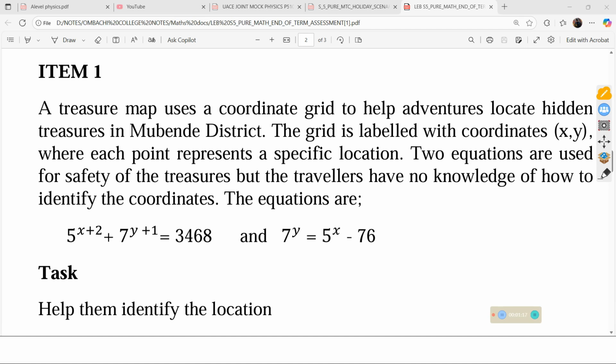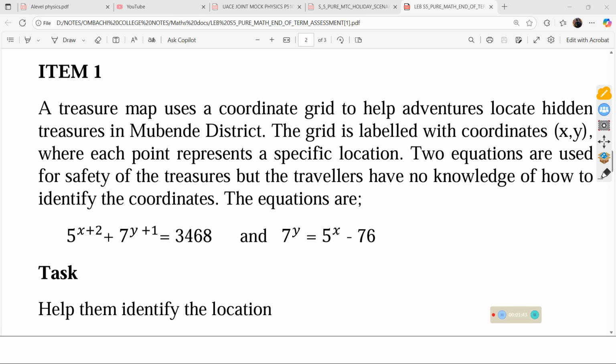It says a treasure map uses a coordinate grid to help adventurers locate hidden treasures in Mwende district. The grid is labeled with coordinates x, y, where each point represents a specific location. Two equations are used for safety of the treasures, but the travelers have no knowledge of how to identify the coordinates.